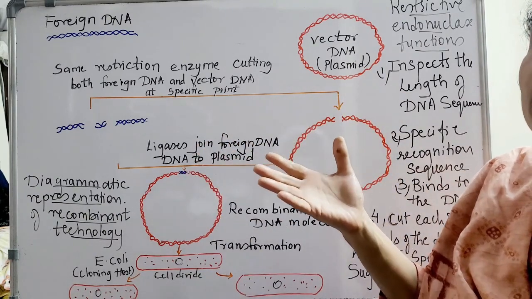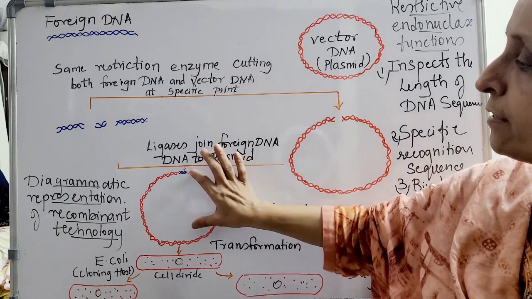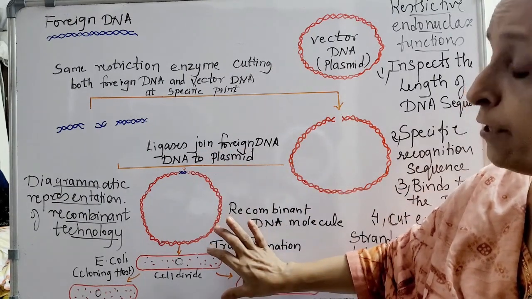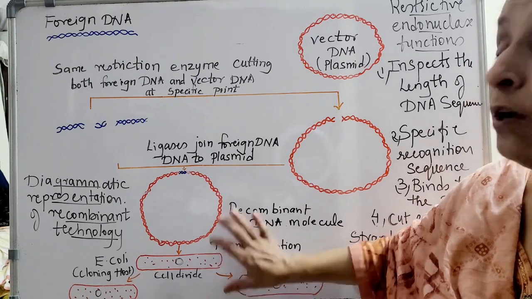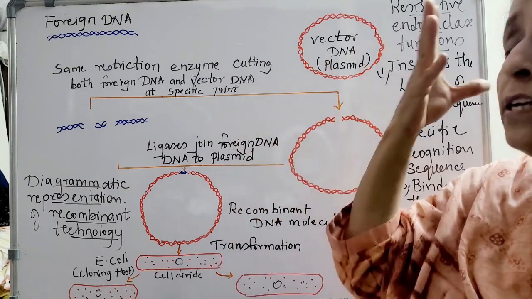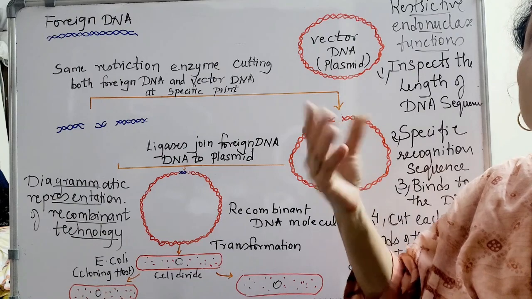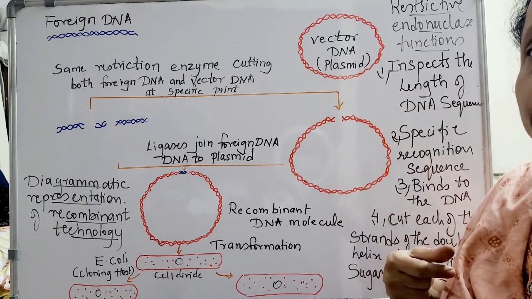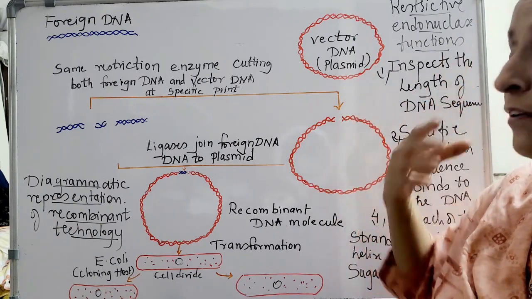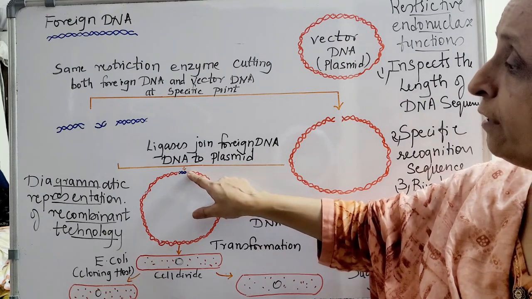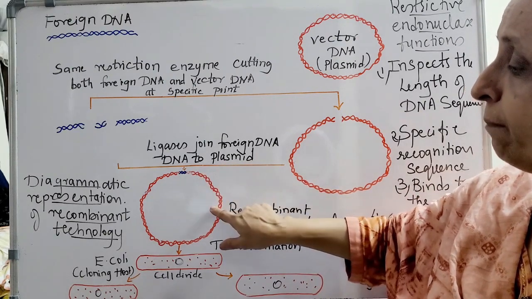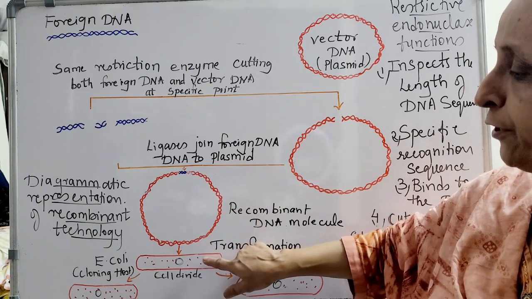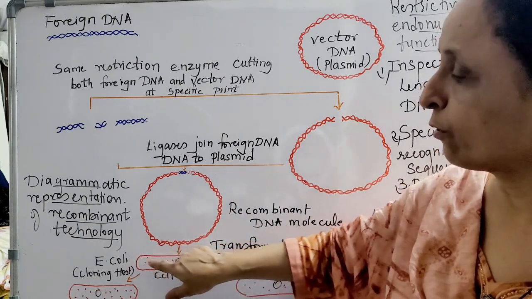But it is not going to multiply by itself. It has to be introduced in a host. It has to utilize the enzymes of the host for multiplication. So once the recombinant DNA has been formed, the plasmid is introduced into Escherichia coli.